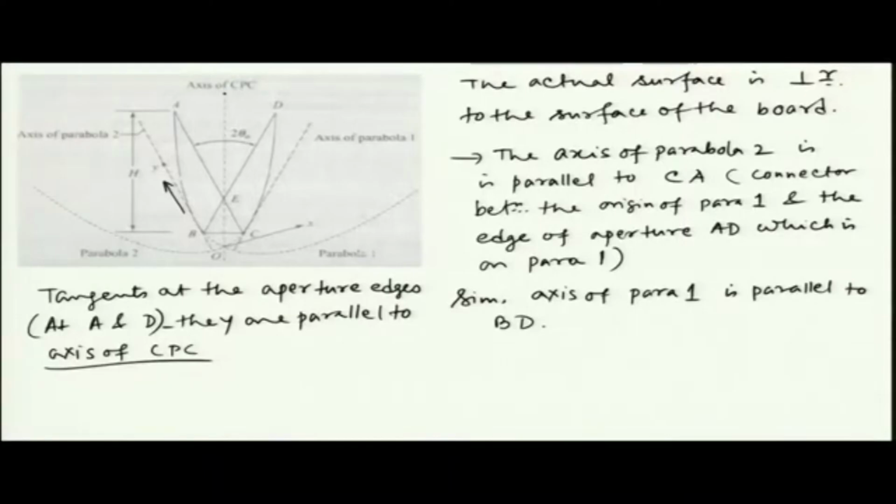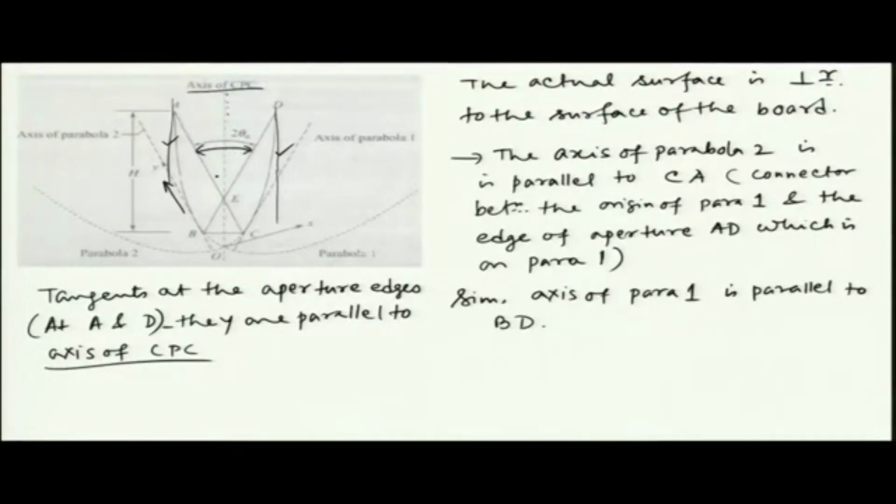So, this is the axis of CPC, right, you see, and if you draw a tangent here at D which will be like this, and at A which will be like this, both these tangents will be parallel to the axis of CPC.